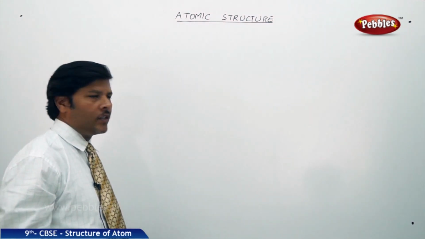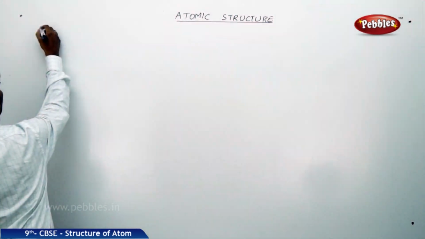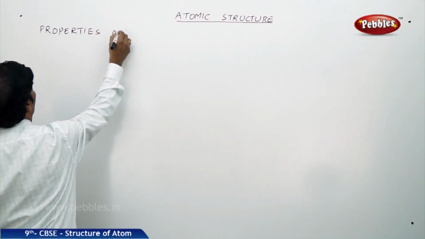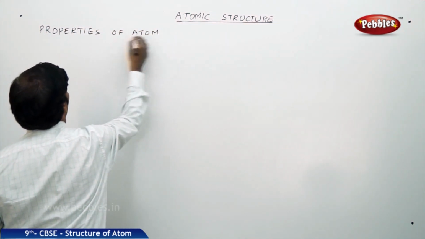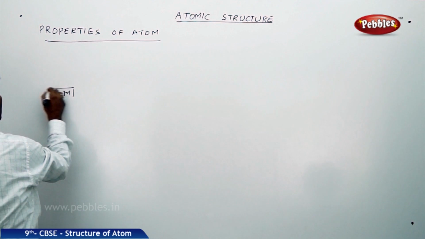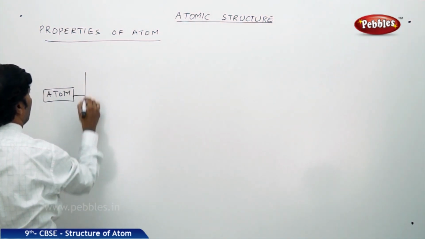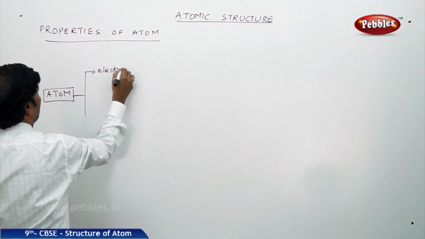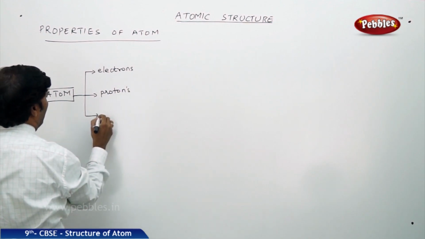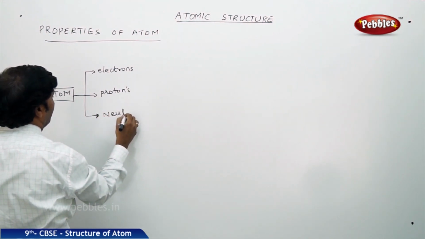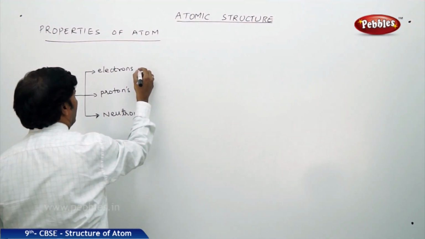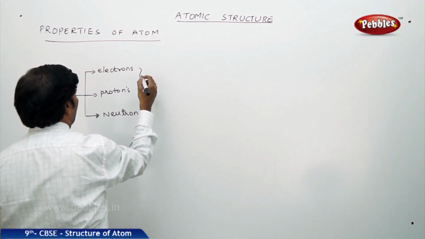So the next part of the discussion here in the structure of atom is properties of atom. You know very well that an atom is made up of electrons, protons, and also neutrons.